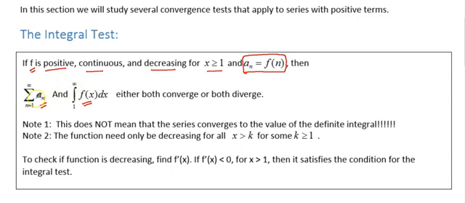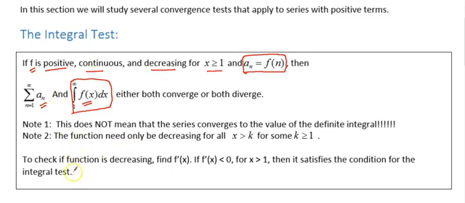So we rewrite the series as a function and then we evaluate this improper integral. If this integral converges, we can say the series converges. If the integral diverges, we can say the series diverges.